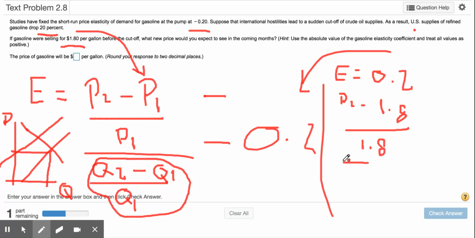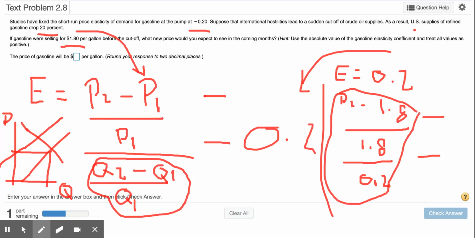And this thing is divided by percentage change in quantity, which is given. In our example, it's 20%, 0.2. This whole thing should be equal to 0.2. I'm writing it as a positive number because it's elasticity.